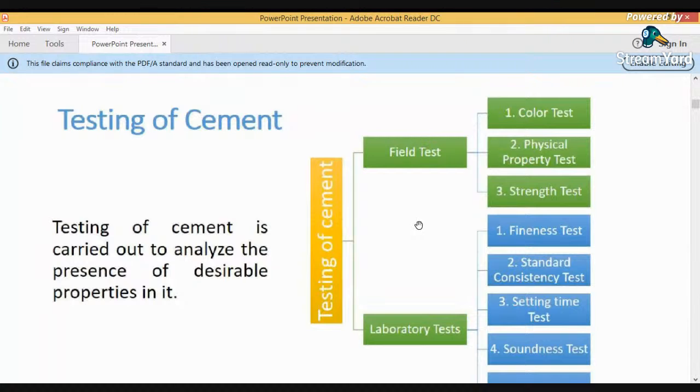Field tests are generally of three types. First, we can do a color test of the cement, and then a physical property test.